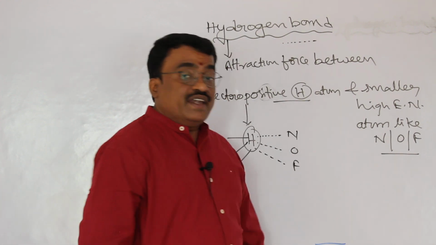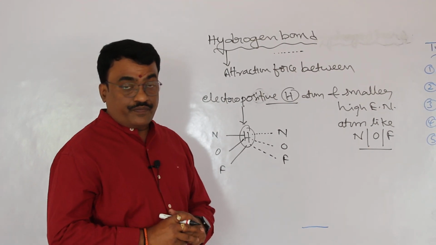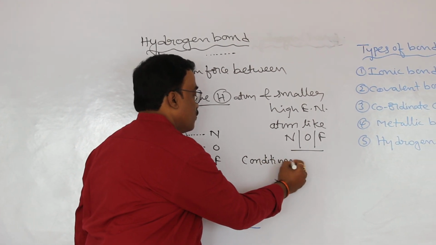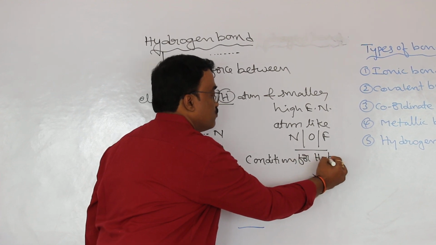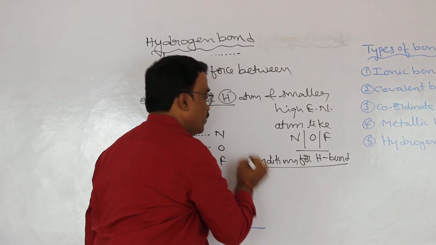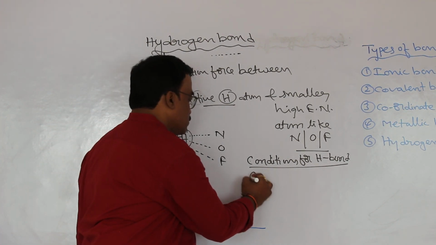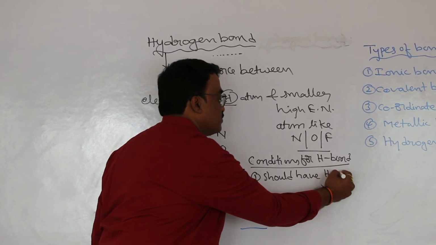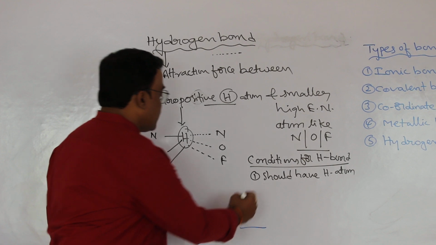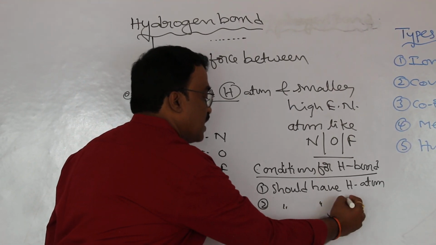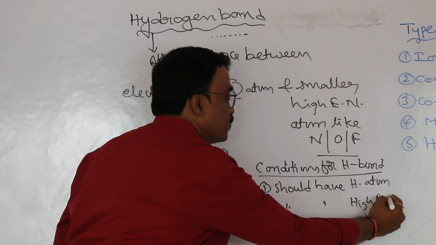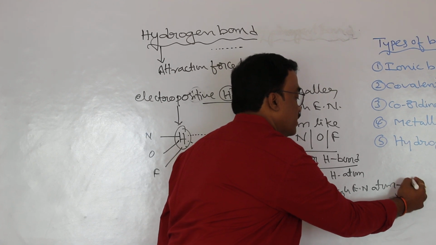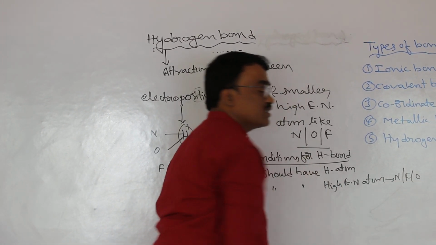Right, so what are the conditions required for the hydrogen bond? Three conditions. Number one, should have a hydrogen atom. Second thing, should have a high electronegative atom like nitrogen, fluorine, oxygen.